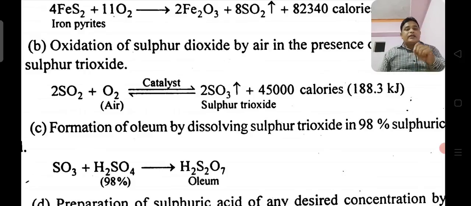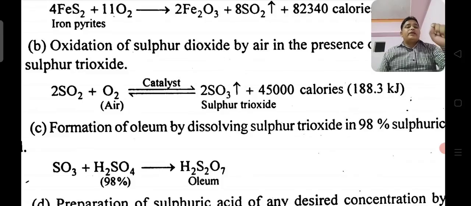These optimum conditions are: the temperature of the catalytic oxidation of sulfur dioxide to sulfur trioxide is between 425 to 450 degrees Celsius, that is 698 to 723 Kelvin; the pressure is 1.5 to 1.7 atmospheric pressure; the concentration of the incoming gases SO2 and O2 in molecular proportion of 2:3; the most preferably used catalyst is vanadium pentoxide or platinum; and an appreciable space velocity.